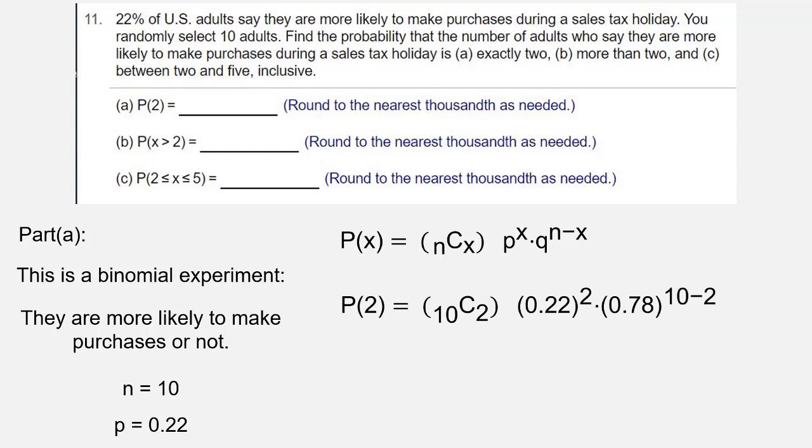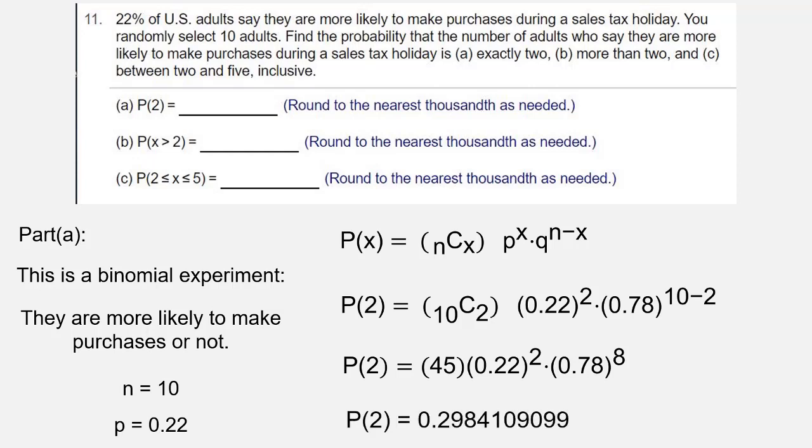Probability of 2 is 10C2, 0.22 to the second, 0.78 to the 10 minus 2. 10C2 is 45, times 0.22 to the second, times 0.78 to the eighth. And when we multiply that all out, we get 0.2984109099, rounded to the nearest thousandth, that's 0.298.